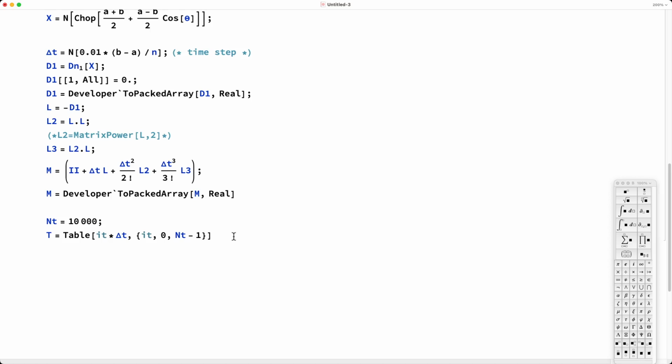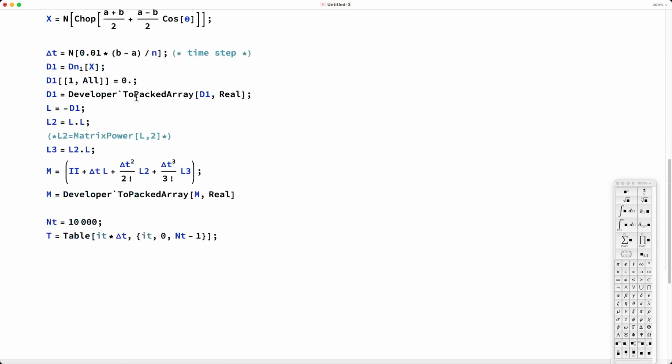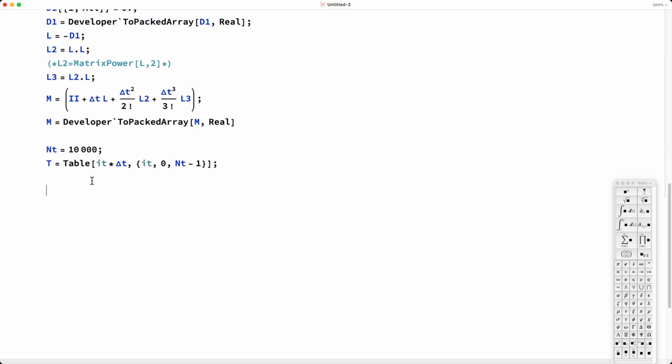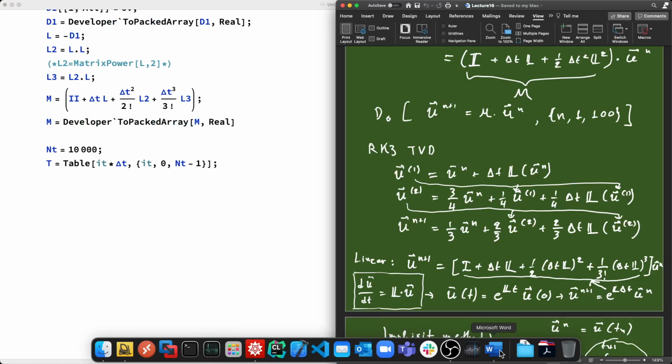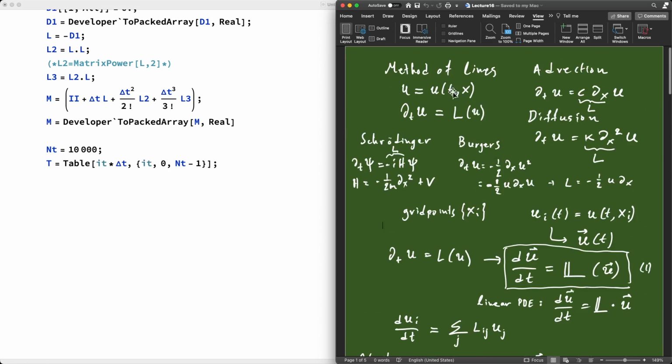Okay, so having done that, we need to set up a vector u for our solution. And in fact, I'm going to make that a matrix, so that will be a vector for each time step. So we know that u is a function of t and x. So I'm going to represent that with 2 indices.